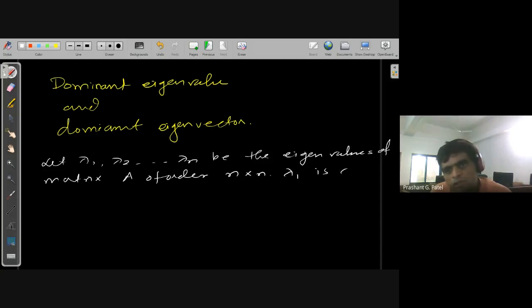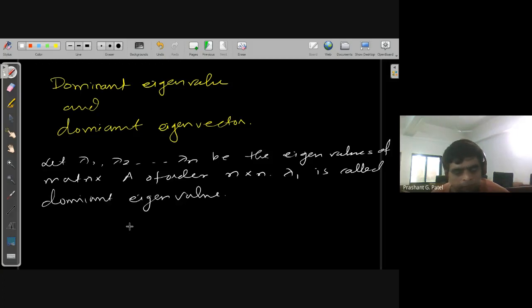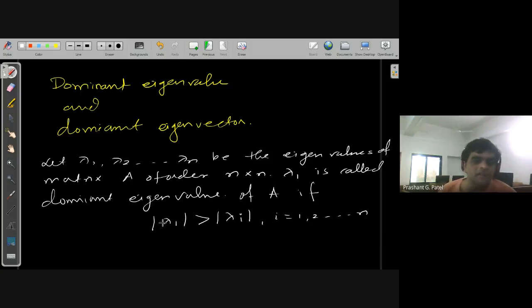Lambda 1 is called the dominant eigenvalue of A if the modulus of lambda 1 is bigger than the modulus of lambda i for every i from 2 to n, and the corresponding eigenvectors to lambda 1 are called dominant eigenvectors of A.